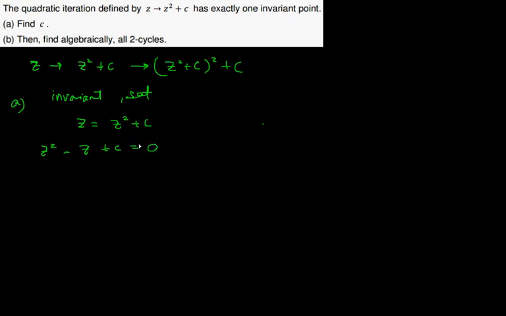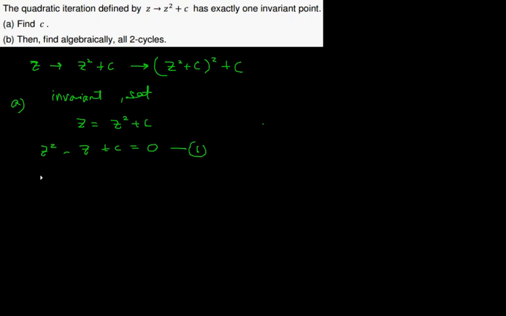Yeah, we have this. And here, in this equation 1, you see they say this particular iteration procedure has exactly 1 invariant point. That implies that equation 1 has just 1 solution, or rather a repeated solution.